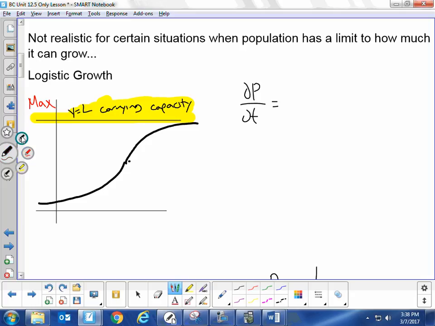The equation for this differential equation is k times P, which is familiar to exponential growth, only the limit comes with this L minus P. So we have to multiply it by this, because we can see as P gets closer and closer to L, we'd have L minus L, which goes to 0, and all of a sudden dP/dt gets smaller.